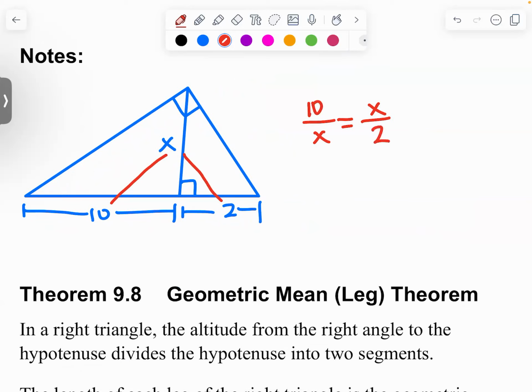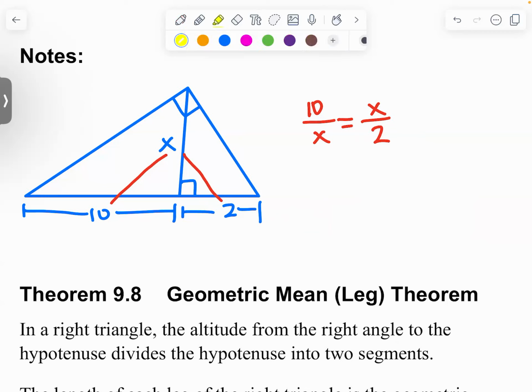Now, in this problem, we are looking for the geometric mean. I'm not always going to ask you for the geometric mean. I might ask you for this chunk or this chunk. As long as the geometric mean is diagonal from each other, it doesn't matter where the others go.